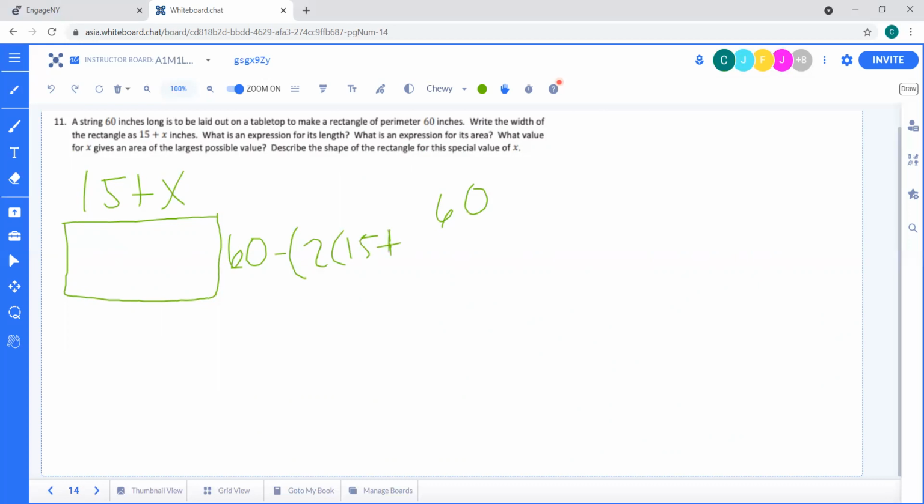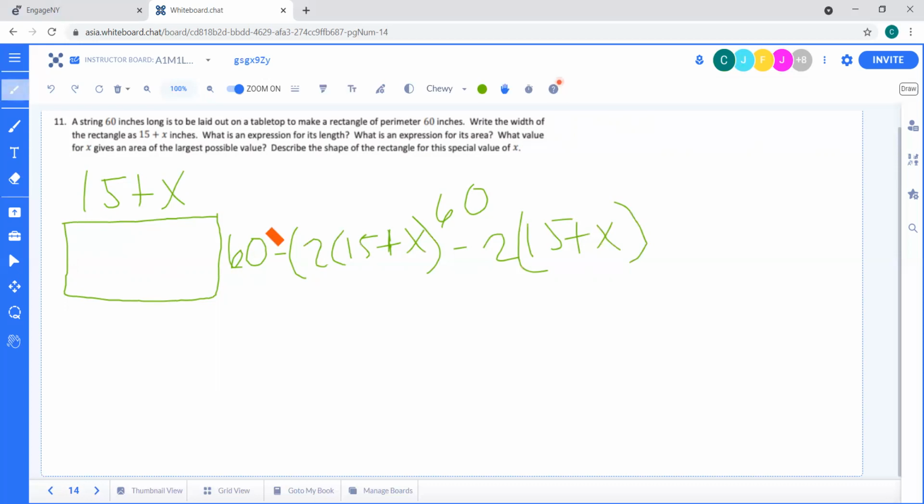Well, sorry. 15 plus x, because that's 2 of our width, minus what? 2 of our 15 plus x's, right? 60 is equal to, okay, so hold up before we do that.